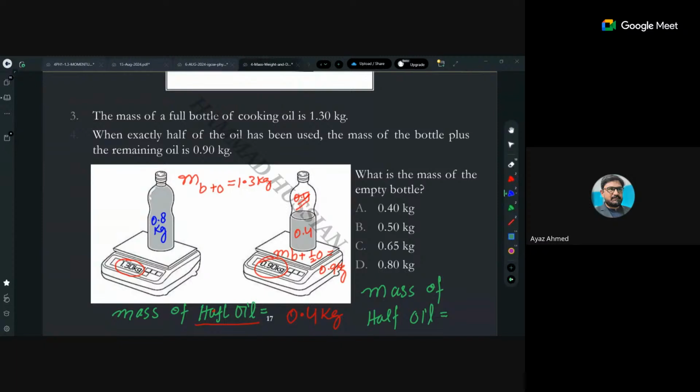ज़ैनब बात समझ आ रही है? जी sir. देखो, टोटल ऑयल एंड बॉटल बोथ का मैस कितना था?